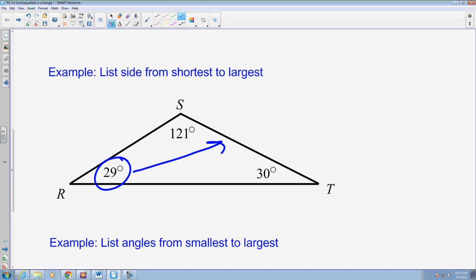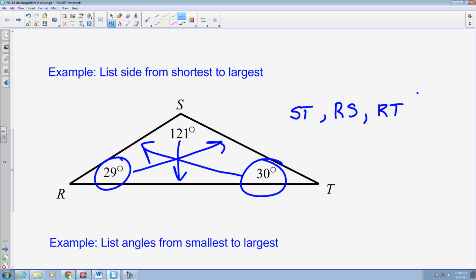So my smallest side to start with is going to be ST, and then the next one is going to be the opposite of this 30 degree, which is RS, and then the largest one comes from the opposite of 121, which is going to be RT.